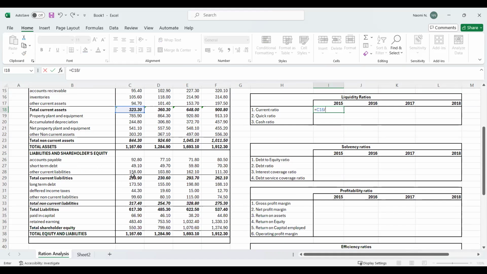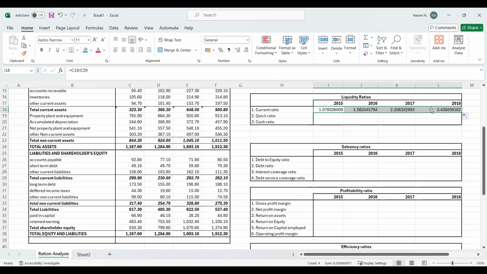Total current liabilities. Yeah, we can work with that one. Okay, so that is the current ratio. It is the current asset divided by the current liabilities.